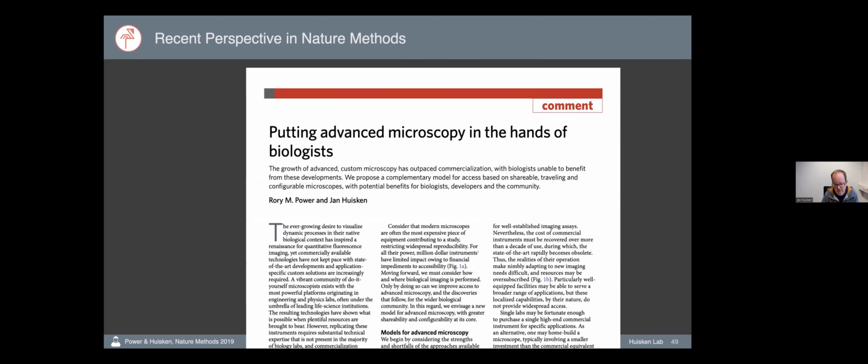And that's very much in line with this concept that we proposed a few years back in Nature Methods, which is about this idea of putting the microscope into the hands of the biologists.